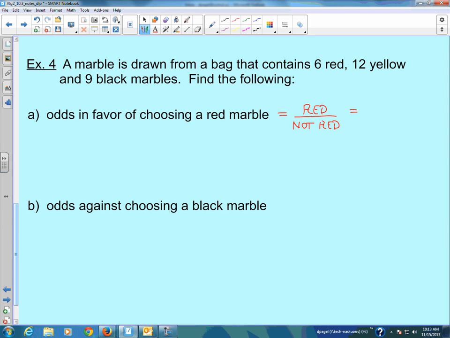So in this case, we look at the number of red marbles, and there are 6 of them. And then the number of marbles that are not red, we have 12 yellow and 9 black, meaning there are 21. And this becomes 2 to 7 odds, that we will get a red marble.